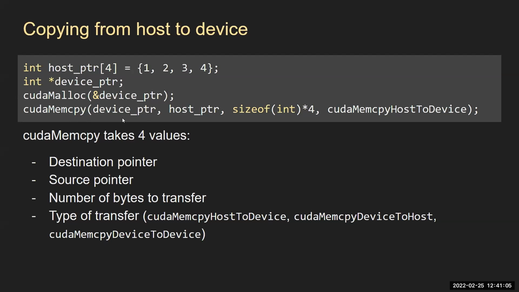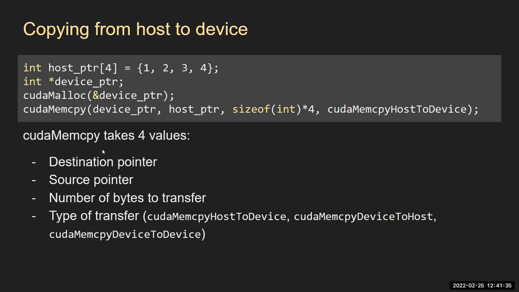And now we're going to copy from host pointer to device pointer for integers. And then this last bit is a dedicated CUDA keyword that says we're going to go from the host to the device. More on that in just a second.